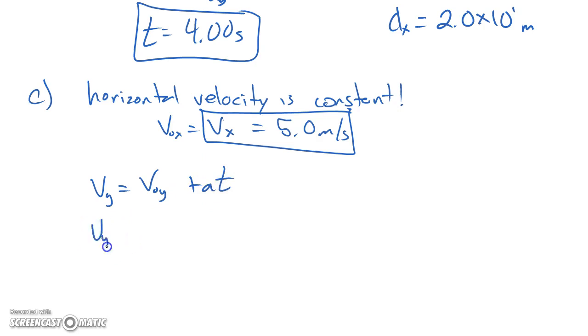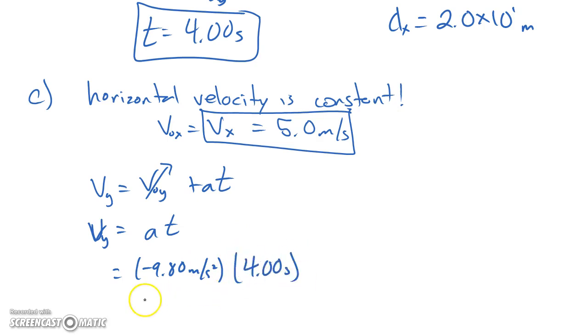If it's thrown horizontally, we're assuming that the initial vertical velocity is 0 meters per second. So we just have a times t. a is 9.80 meters per second squared. We just found our time to be 4.00 seconds. So Vy is negative 39.2 meters per second.